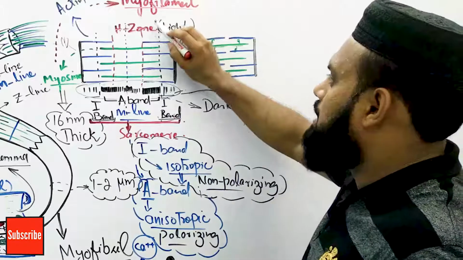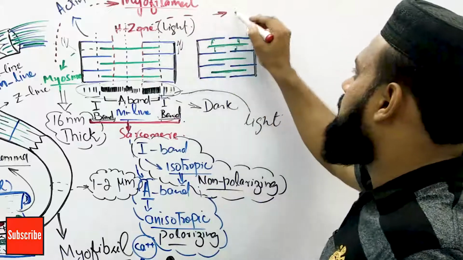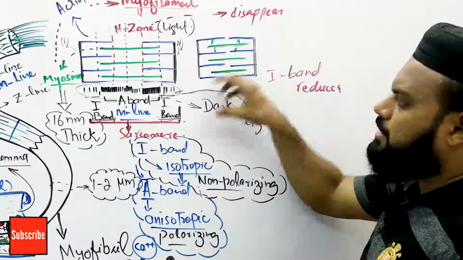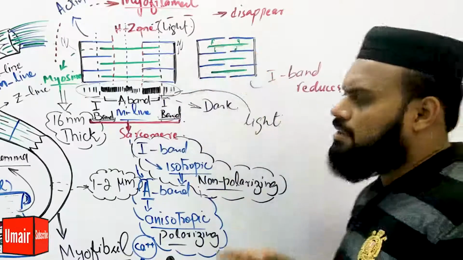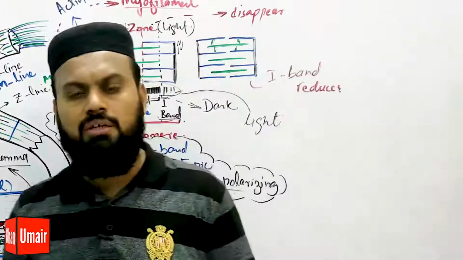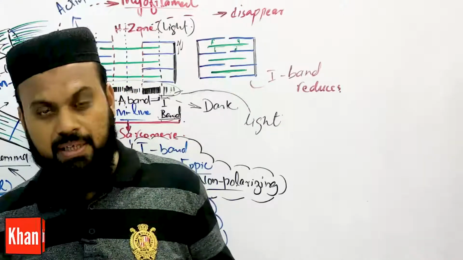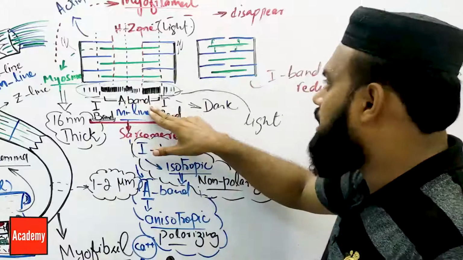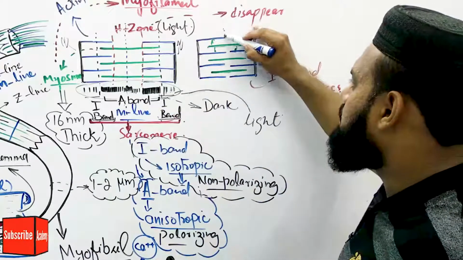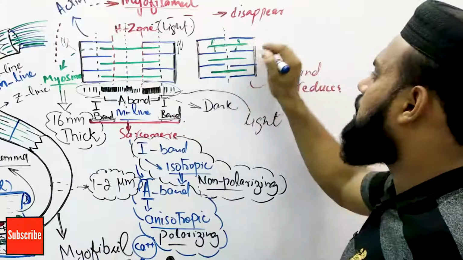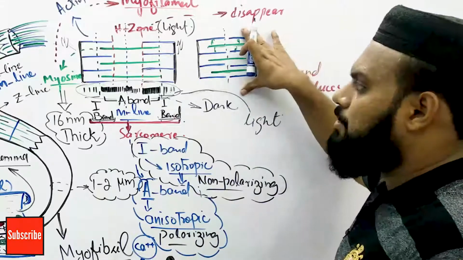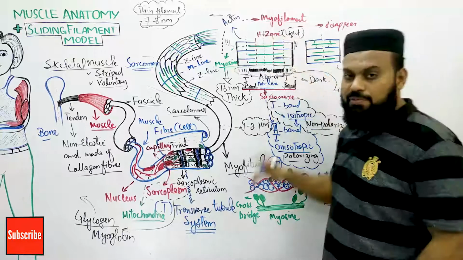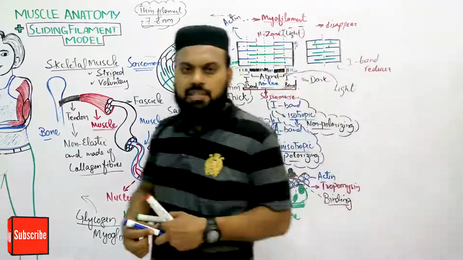So you can say that the H zone disappears, the I band reduces, and the A band actually does not shrink, making no big difference. So there is no basic change in the A band, while the M line is still in the middle of the sarcomere, and this sarcomere is looking smaller as compared to before.